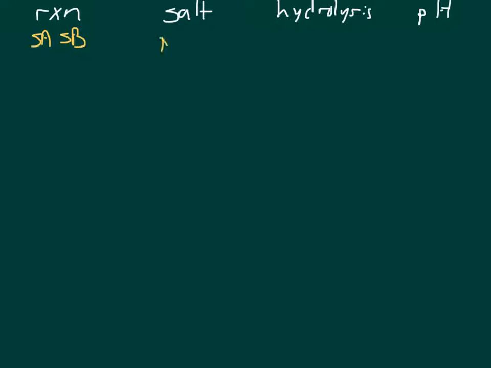You get a salt, like NaCl. Because it's a strong acid and a strong base, NaCl is just pure salt. It's not tied to a weak acid or a weak base. You do not get any hydrolysis. Therefore, you are neutral with a pH of 7.